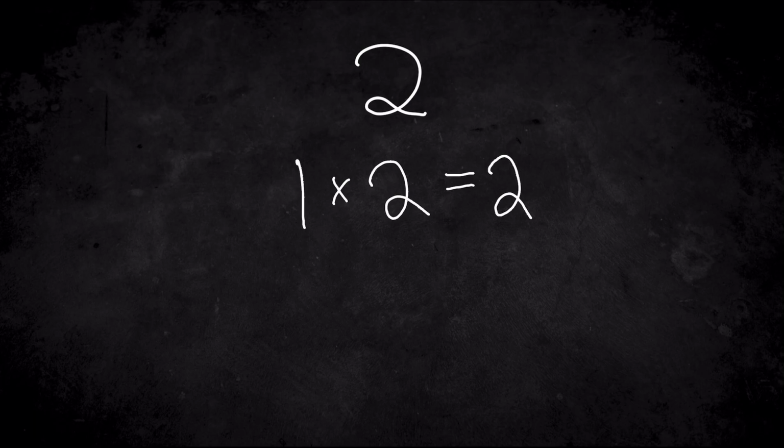So that means the only factors of 2 are 1 and the number 2. So since 2 has only those factors, this means that this is a prime number.